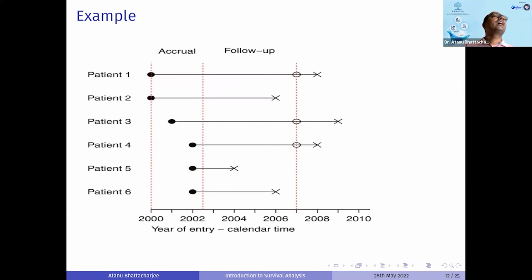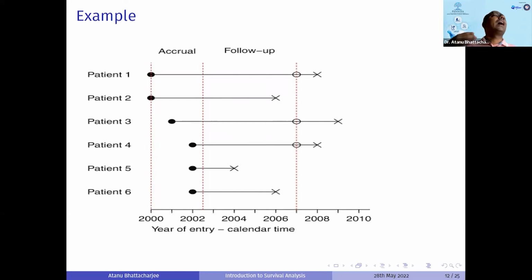While you start in the first year, you start getting patients, but every day, or on a single day, you are not going to get all the patients. So in the first month, second month, third month, and all the consecutive months, you are going to get a few patients.